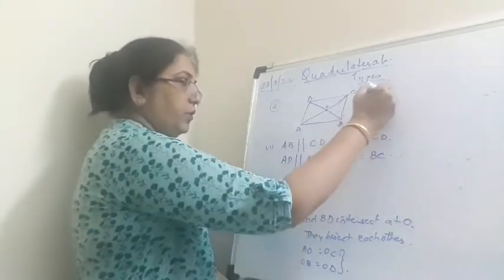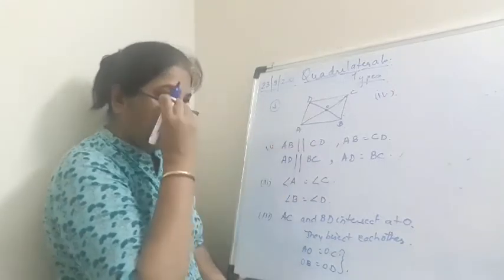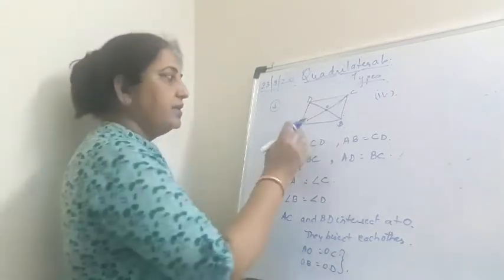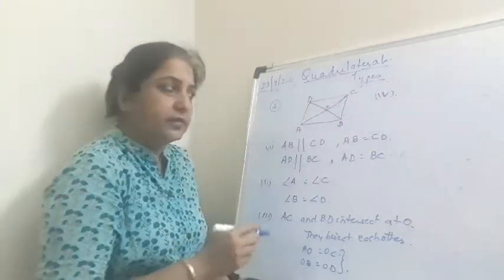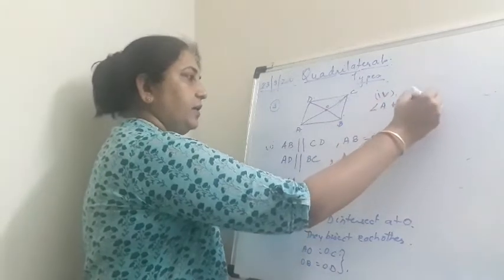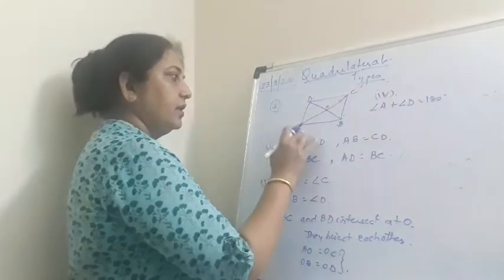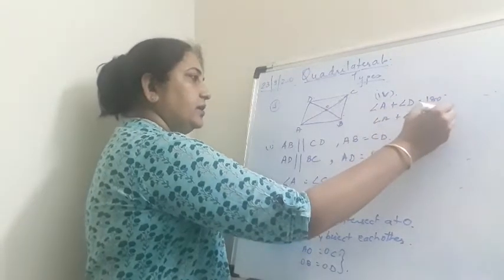One more property, the fourth one: adjacent angles are supplementary. I told you yesterday what adjacent angles and adjacent sides are. Over here, angle A plus angle D will be equal to 180 degrees, and angle A plus angle B will also be equal to 180 degrees.